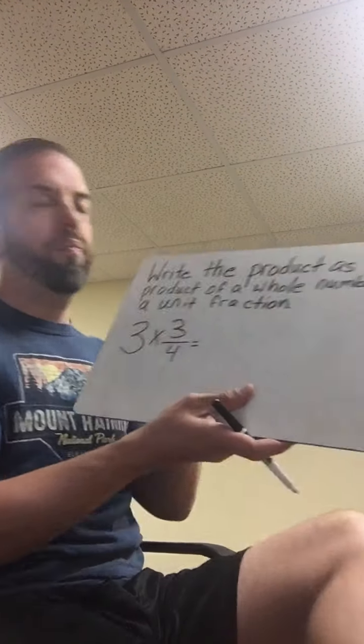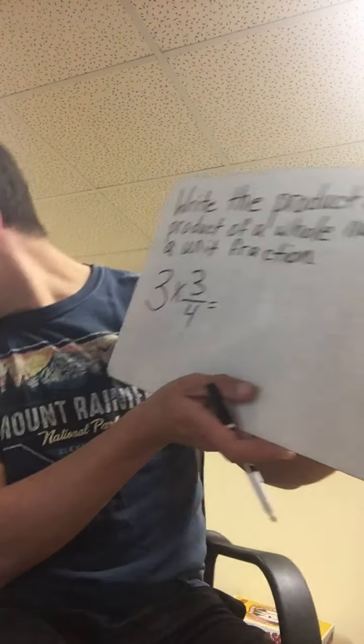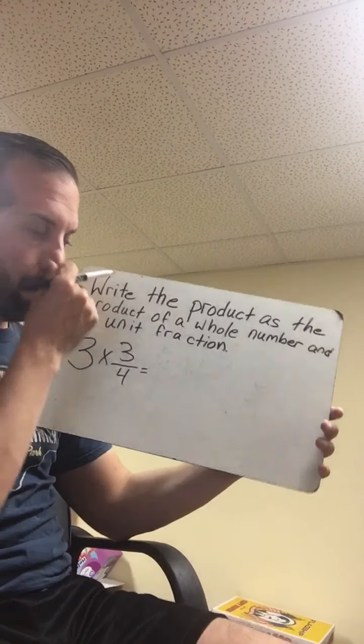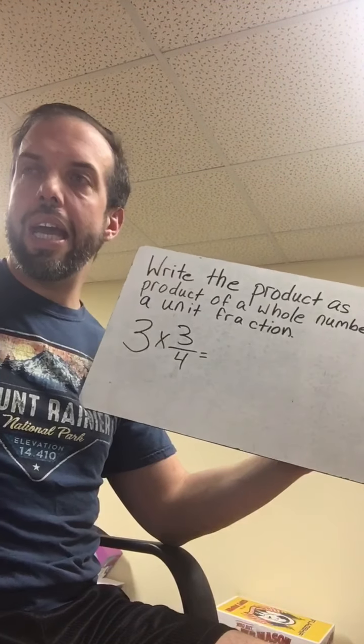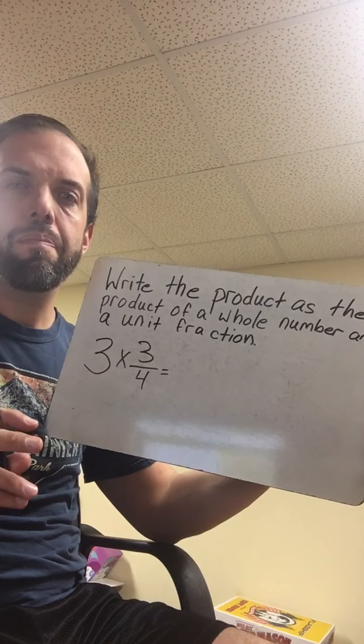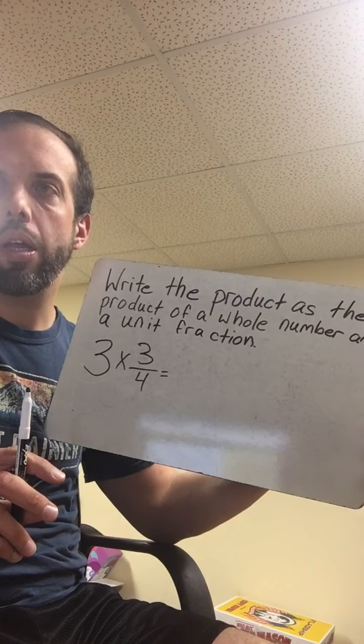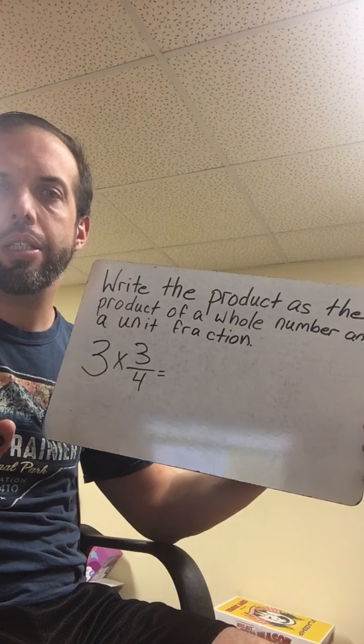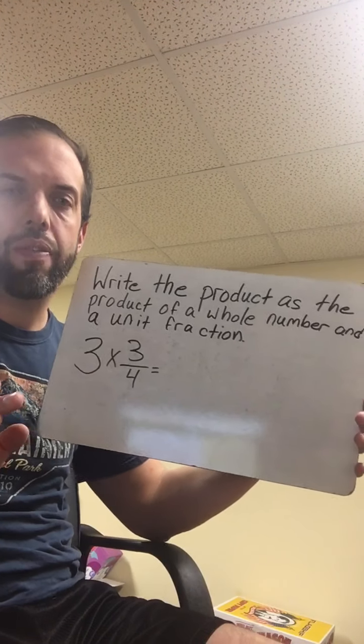So number 4 is 3 times 3/4 equals. Okay. So back up. So what they want us to do is they actually give us a number line. Now, I know some of us were confused by the number line yesterday. I'll get to the number line in a second, but I want to show you the basis of this.